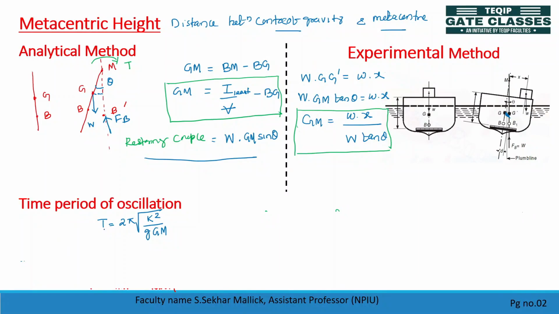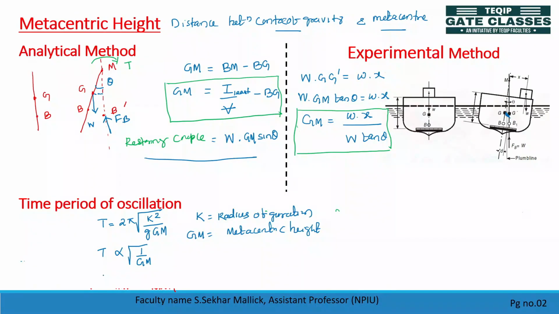T is your time period of oscillation, K is your radius of gyration, and Gm is your metacentric height. That means time period is inversely proportional to square root of Gm. So if time period of oscillation is more, then metacentric height will be less.